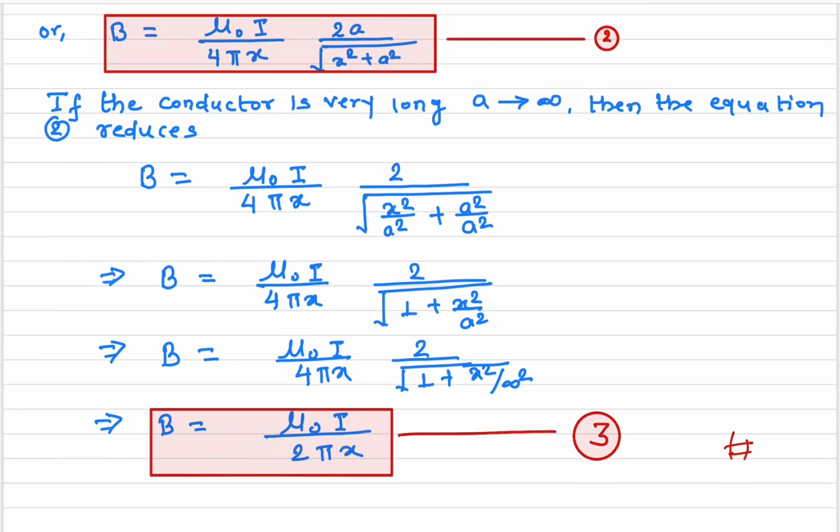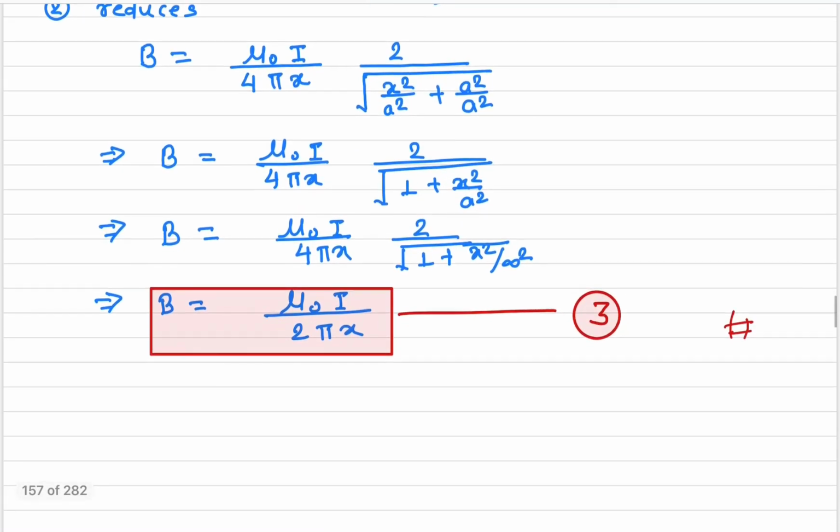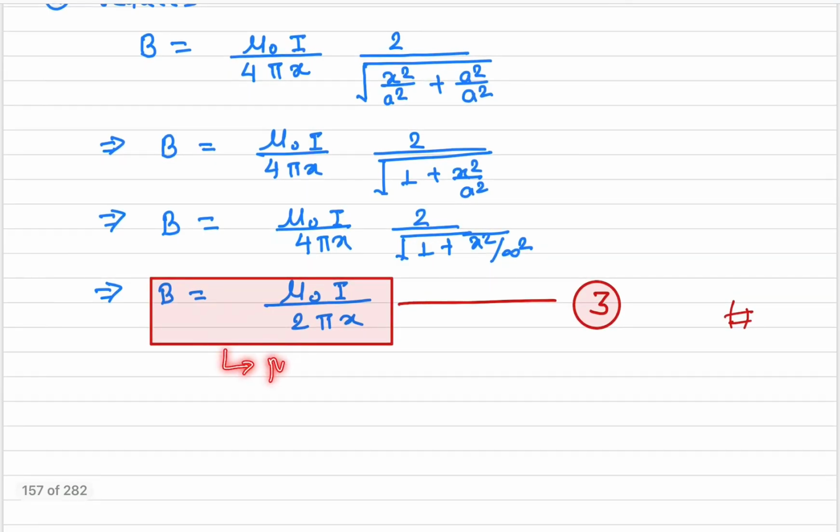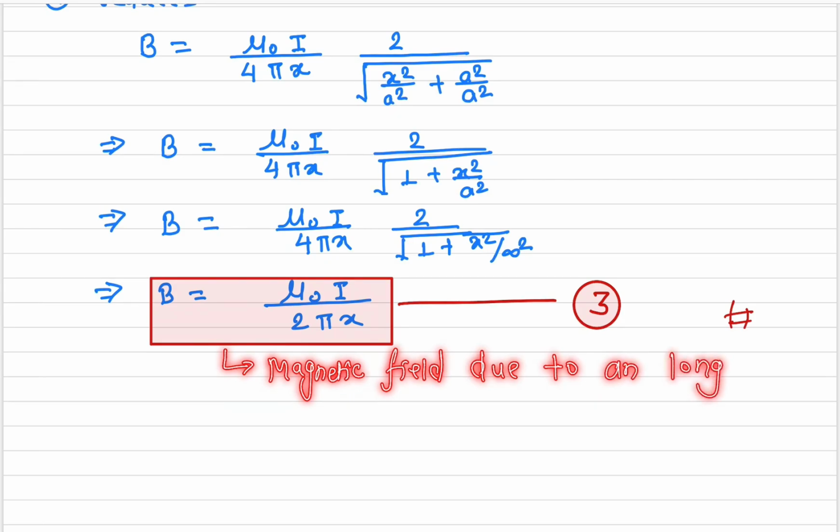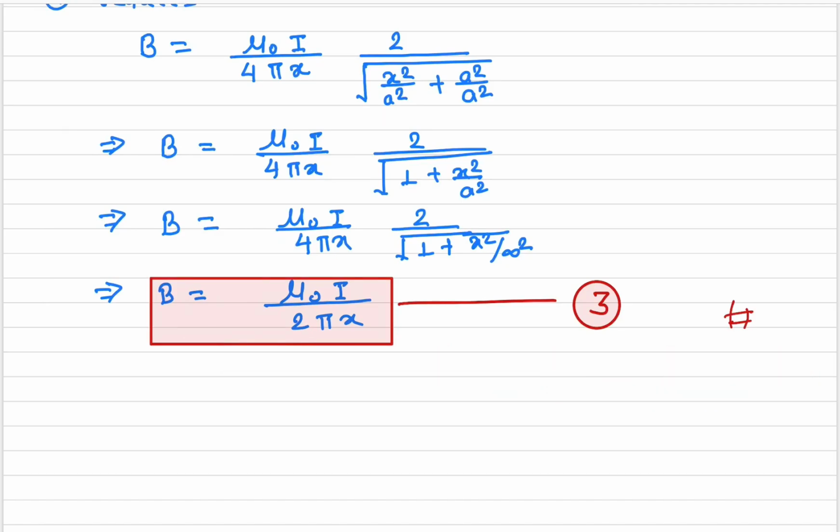And remember, make a note of this one. This is the magnetic field due to a long wire. When I say long wire, that means a very long wire, an infinitely long wire.